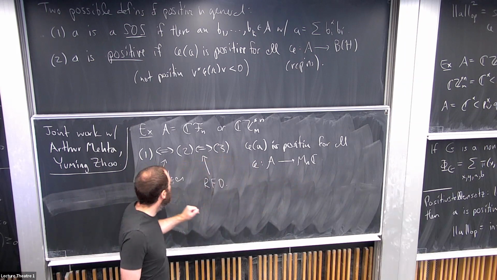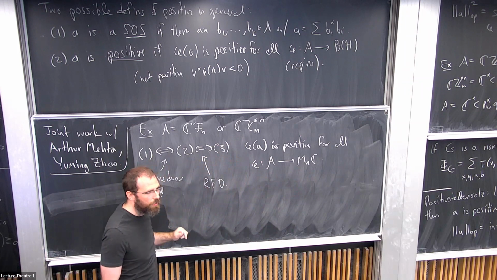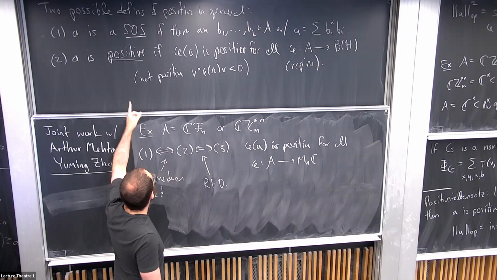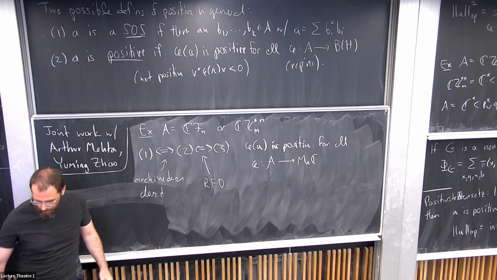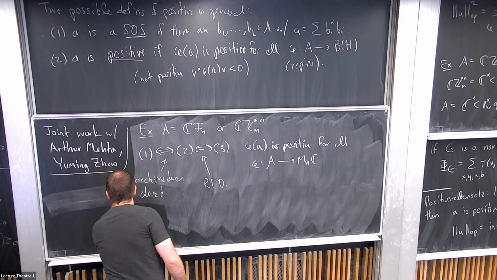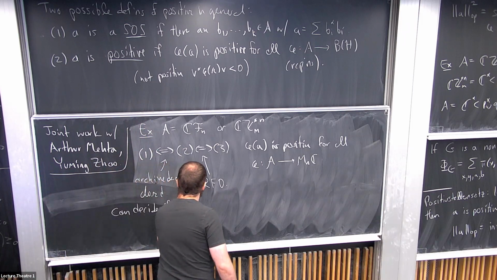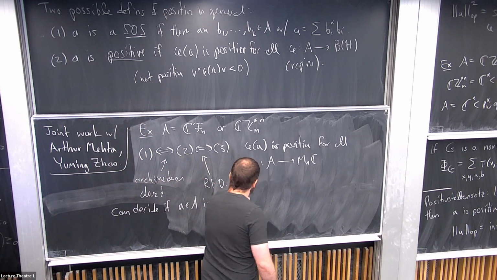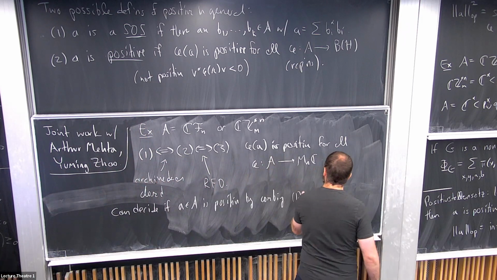On the other hand, one if and only if two tells us that there's a way in these algebras to show that something is positive always, because if it is positive, it's a sum of squares. So if you want to decide whether something is positive in this algebra, we can decide if a is positive by combining 1 and 3.